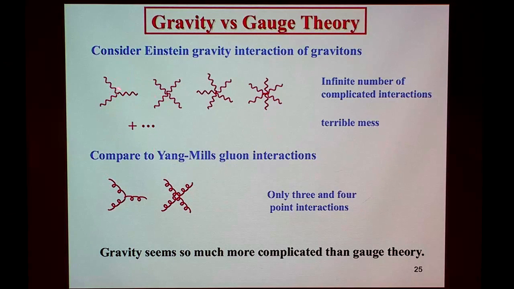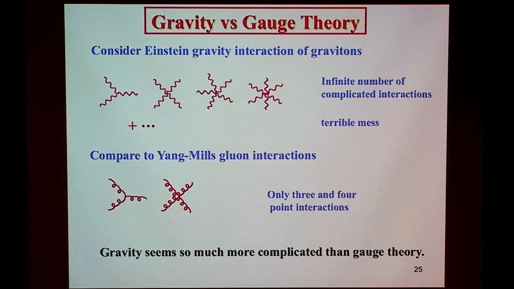Part of the problem has to do with the number of interactions you can have. So you have one graviton splitting into two, or one into three, or one into four, and so on and so forth. And you can have infinitely many such interactions. And these interactions get more and more complicated. The Yang-Mills theory stops at what's called a 4-point interaction. And certainly gravity looks more complicated.